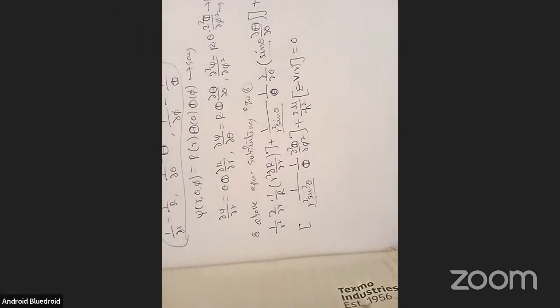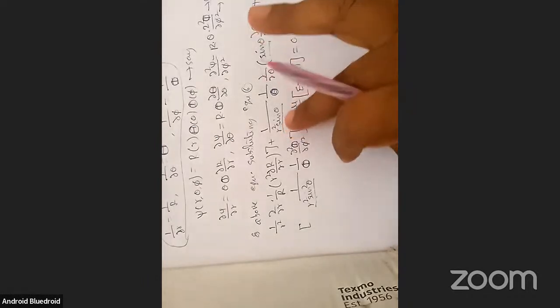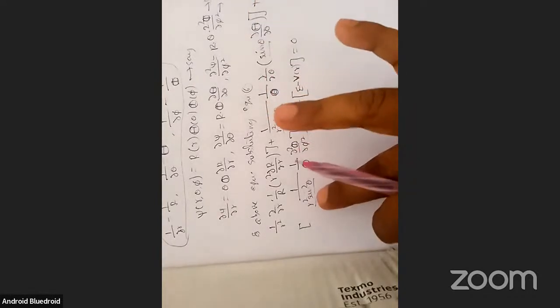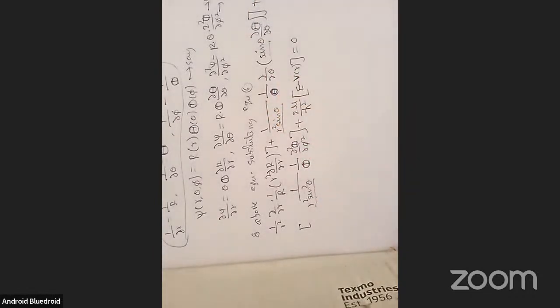So both sides are multiplied by r square sin square theta. The remaining cancel here, sin theta value, here r square sin theta value. Remaining, the terms containing r and theta are on the left side, the terms containing pi on the right side.